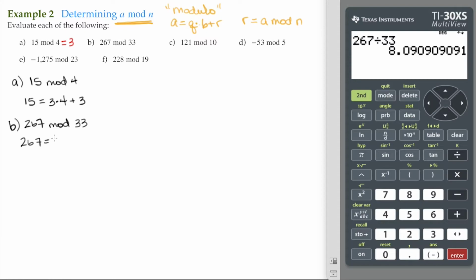So this is going to be 8 times 33, and 8 times 33 is 264. So then I'll add 3 more. So 267 is equal to 8 times 33 plus 3. That's our remainder. So we could say that 267 mod 33 is 3.